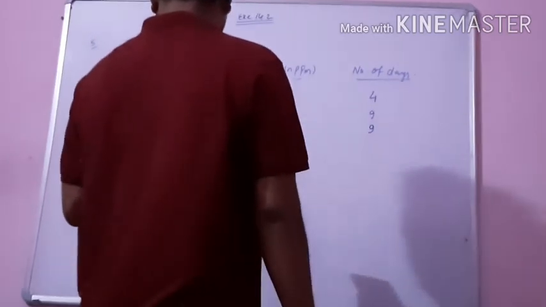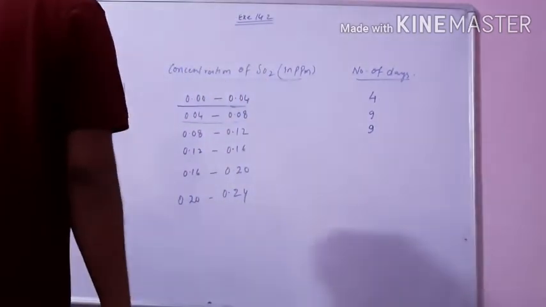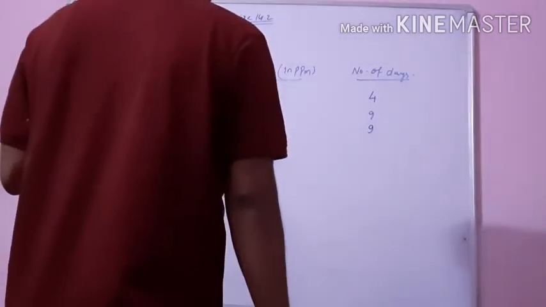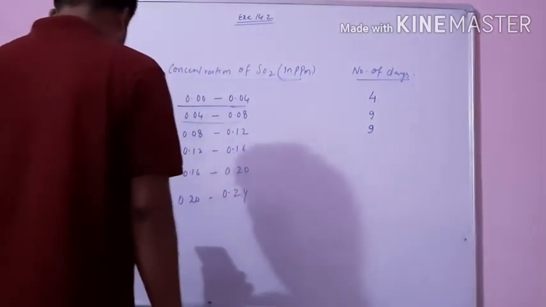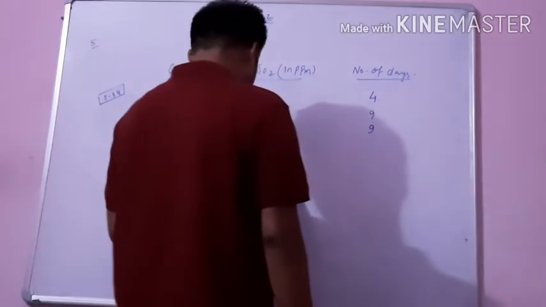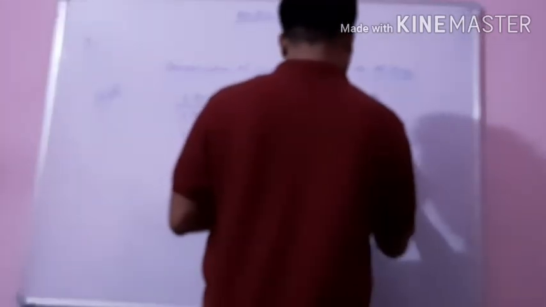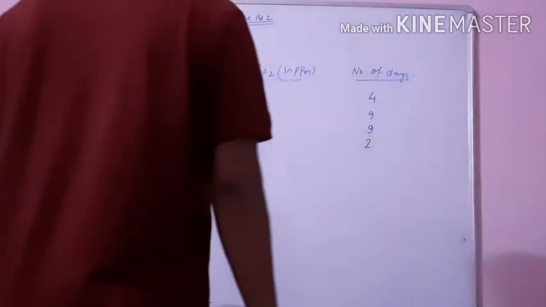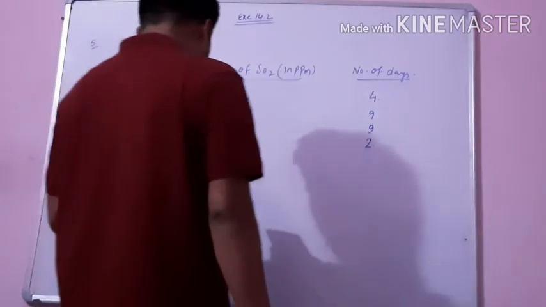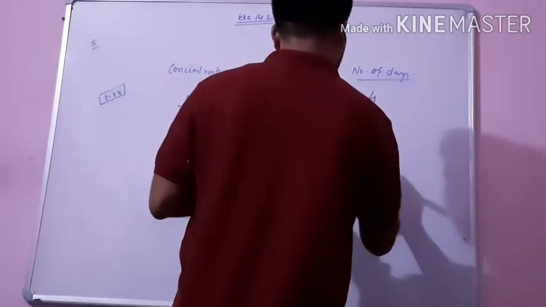Now 0.12 to 0.16. For 0.12 to 0.16, the number of values is 2. So what will be the frequency? 2. Now 0.16 to 0.20, how many values are lying? 4.